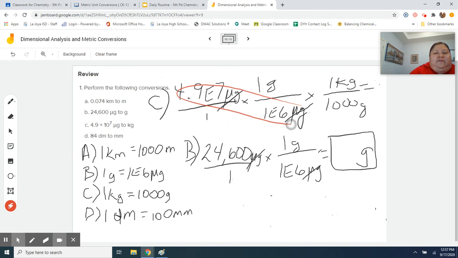Divide. And then am I going to do the same thing again and divide my answer? I divided here. Am I going to divide here for the 1,000? Yes, you divide. We're going to divide this first one, and whatever my answer is, I'm going to divide again by 1,000.